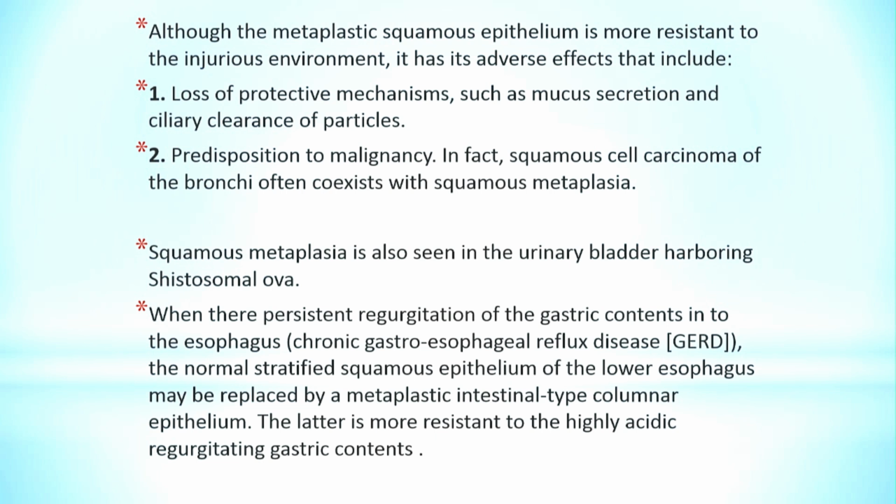Squamous metaplasia is also seen in the urinary bladder harboring schistosomal ova. And when there is persistent regurgitation of gastric content into the esophagus, in chronic gastroesophageal reflux disease, the normal stratified squamous epithelium of the lower esophagus may be replaced by metaplastic intestinal-type columnar epithelium. The latter is more resistant to the highly acidic regurgitated gastric content.